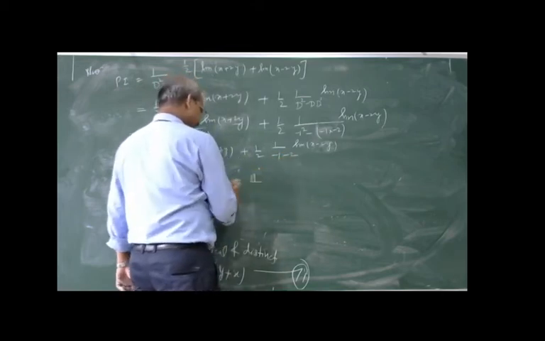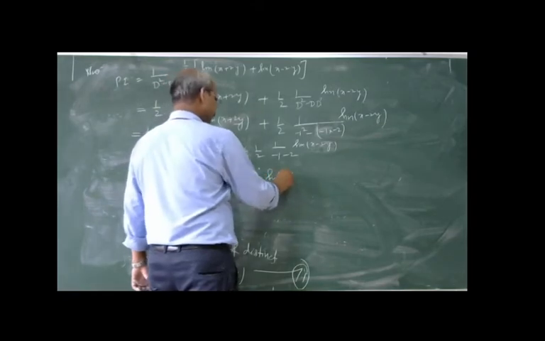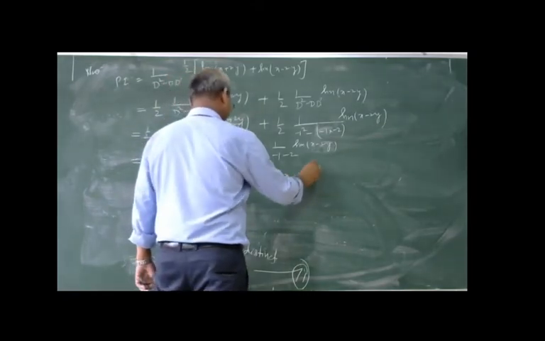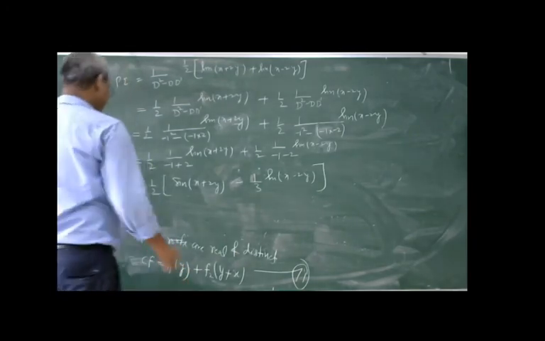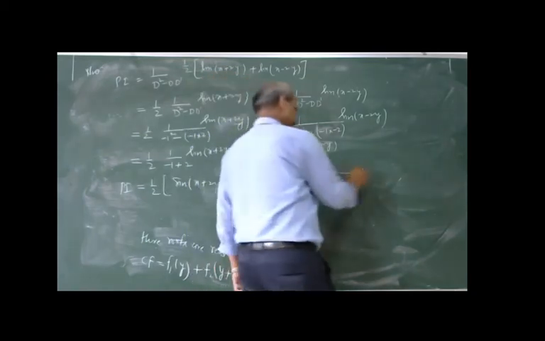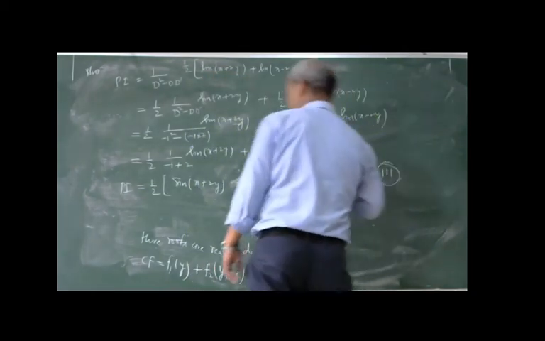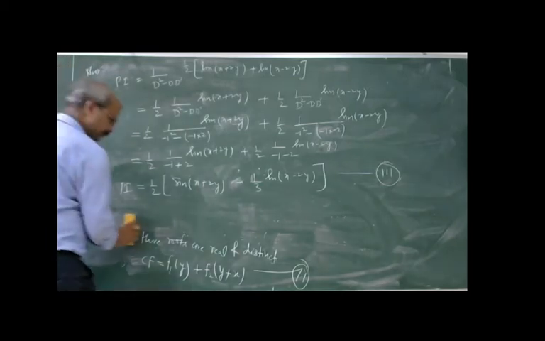So now this is minus 3 sine x minus 2y. Okay students, so this is the PI. This is equation third. So now combining equation 2 and 3.